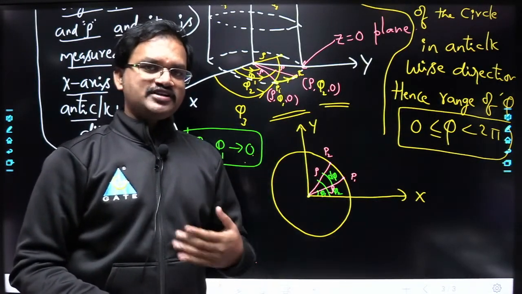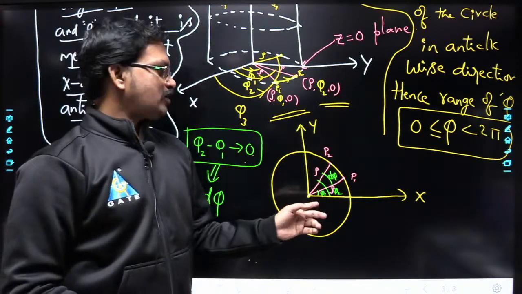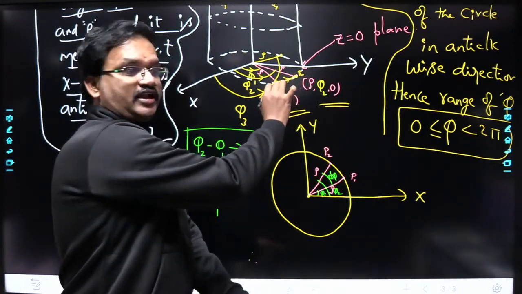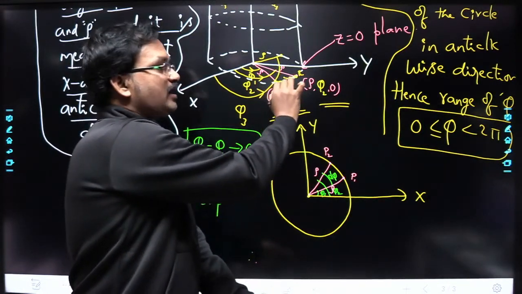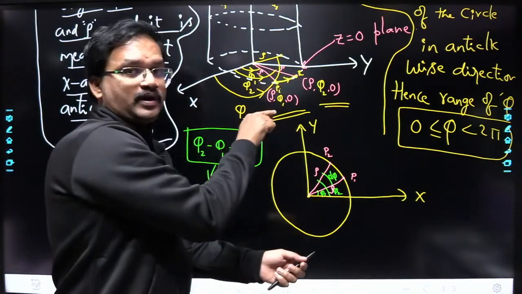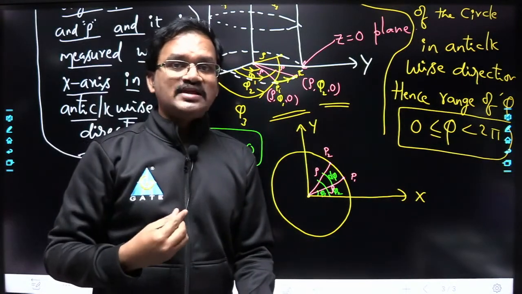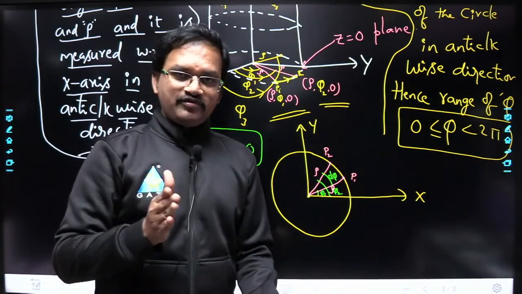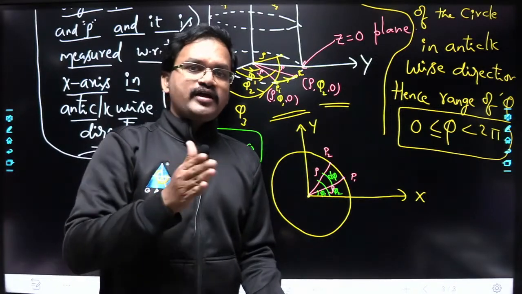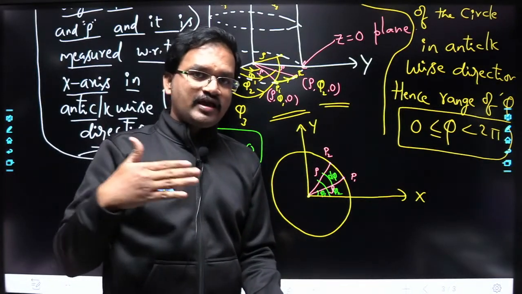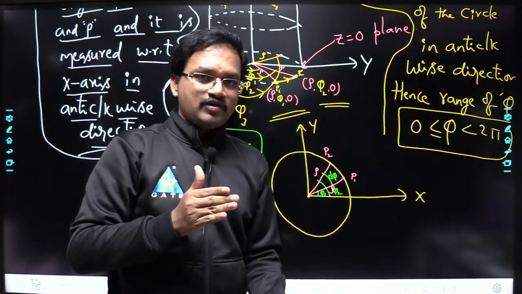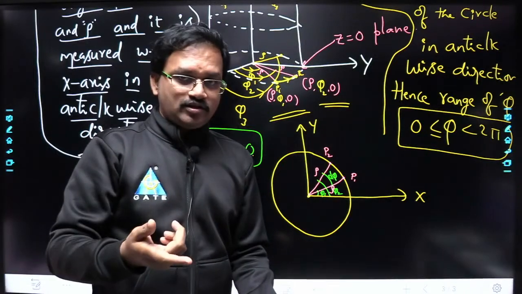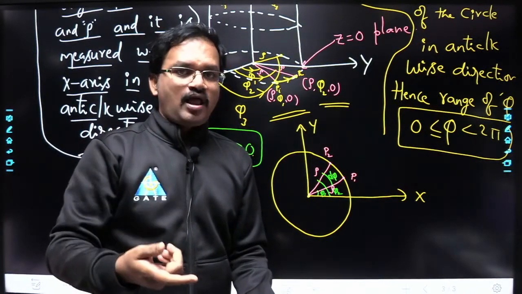Whenever you are moving along phi, you are not moving along a straight line path. You are moving along a curved path. That means you have to consider the differential arc length along phi, because as you vary phi, you are moving along a curved path and not a straight line path.